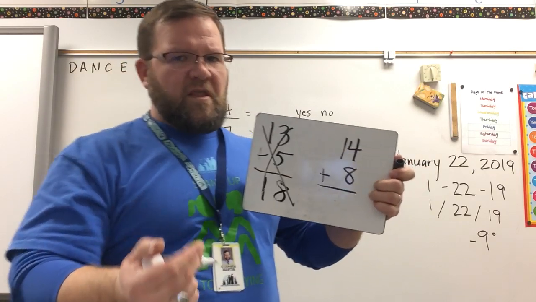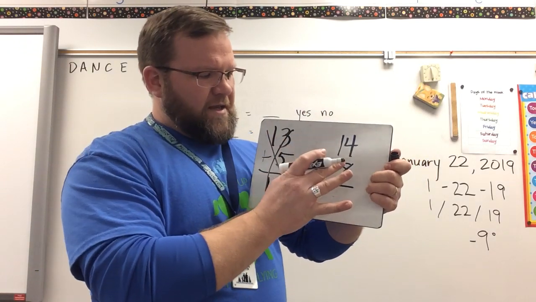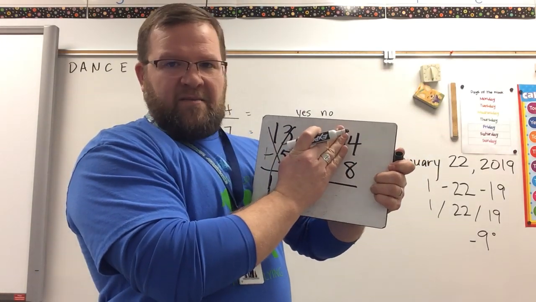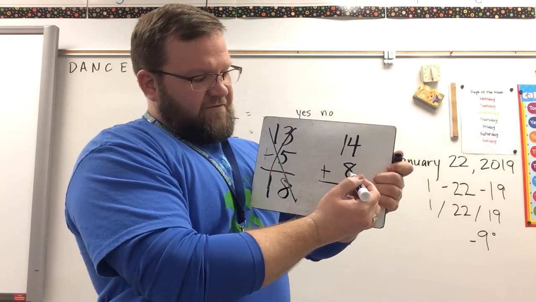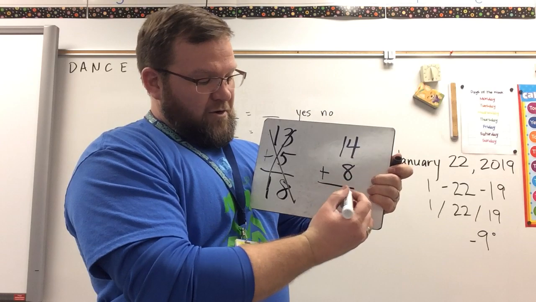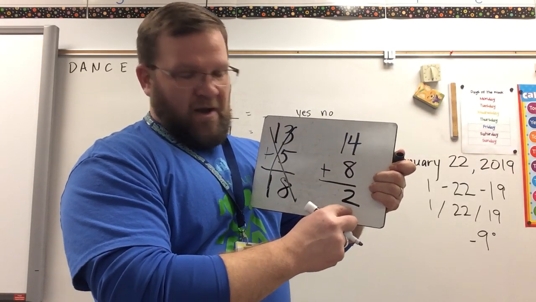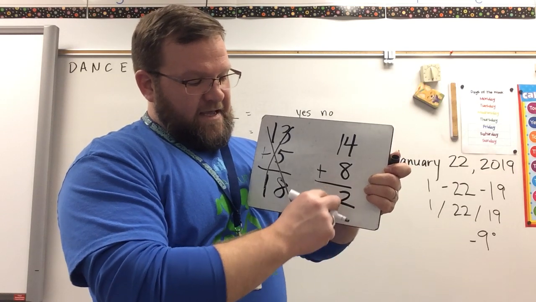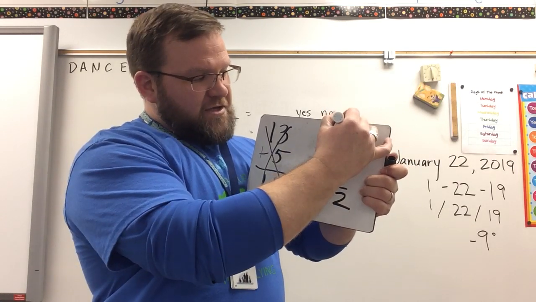Now, there's a little funny way that we can write this, okay? And I'm going to start off doing it this way. I'm going to pretend that my 1 isn't there, okay? And I'm going to say that 8 and 4, because I already know that one in my head already, is 12. I'm going to put the 2 for my ones place, but then the 1 that's in the tens place for the 12 actually goes up here.